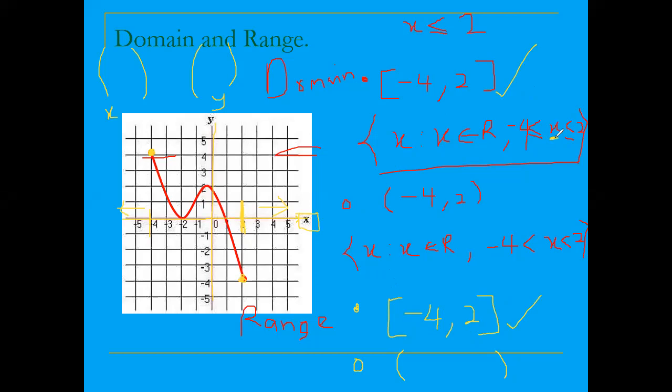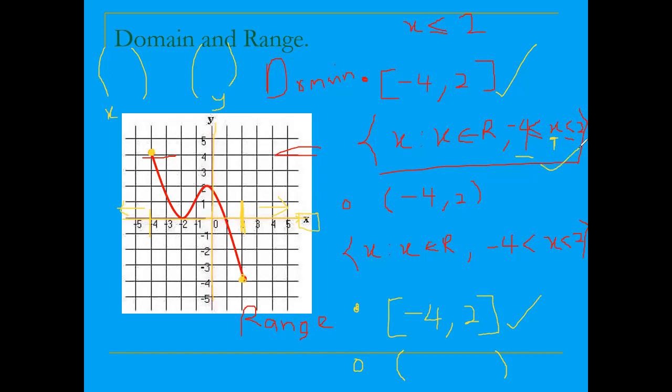The elements in the domain are between -4 and 2 inclusive. That is, X is greater than or equal to -4, and less than or equal to +2. That is how it would have been written in the set notation.